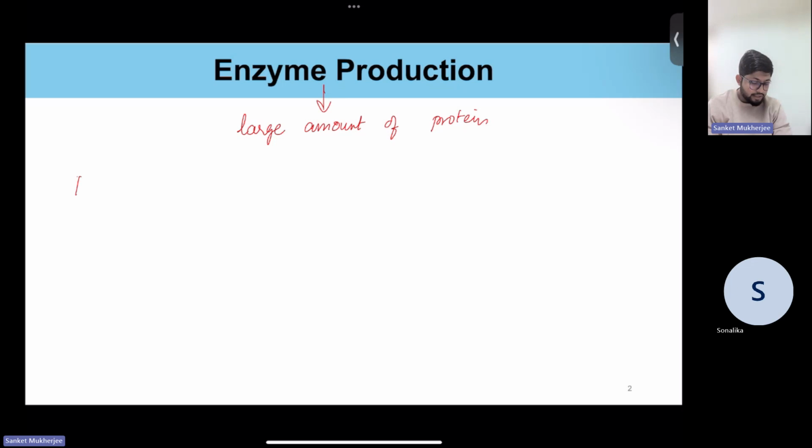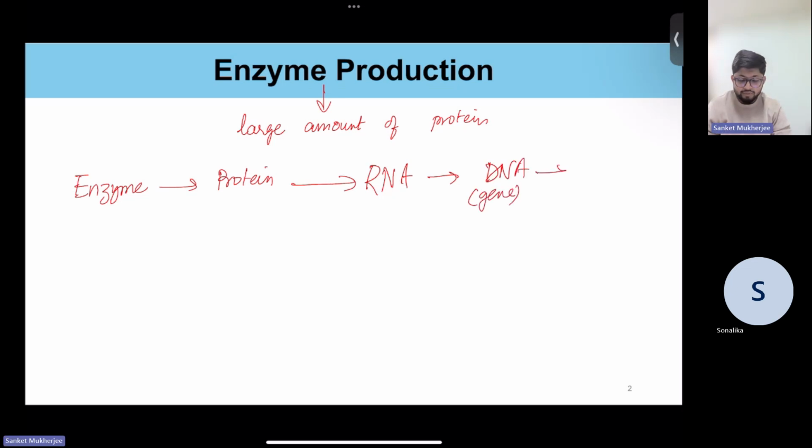So the idea is enzyme, we already know what we need to purify. That is mostly a protein. So when we are talking about enzyme production, we mean proteins in general. We will find the corresponding RNA of that protein and the DNA, that is the gene.